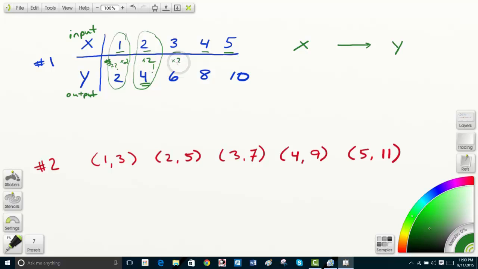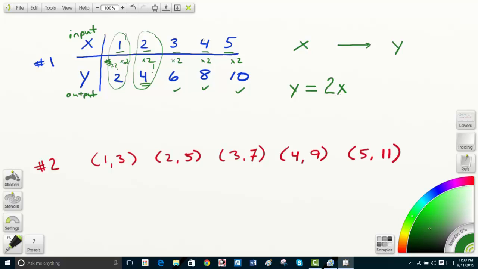Let's keep trying that pattern out. 3 times 2 is 6. That's good. 4 times 2 is 8. And 5 times 2 is 10. So it looks like we figured out the pattern. In order to get y, we need to complete the operation 2 times whatever x is.